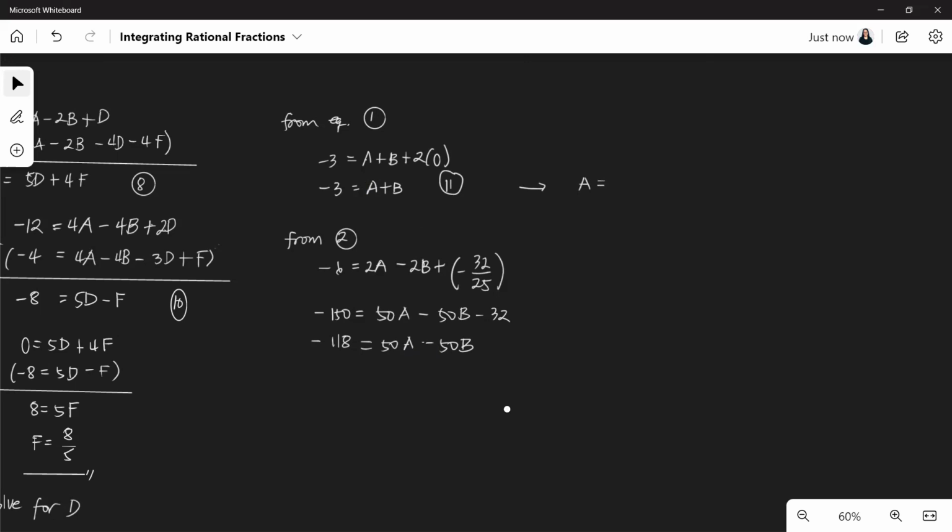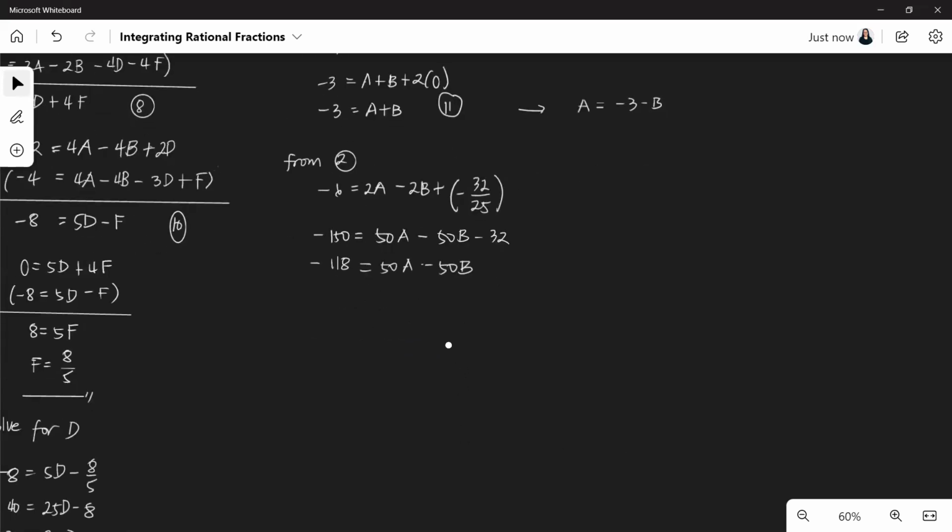So A is equal to negative 3 minus B. So we'll replace A in this equation with something from equation 11. Instead of writing A, we write negative 3 minus B and then minus 50B.